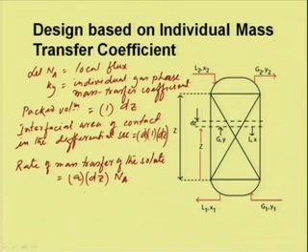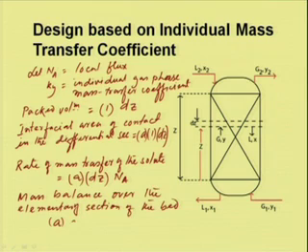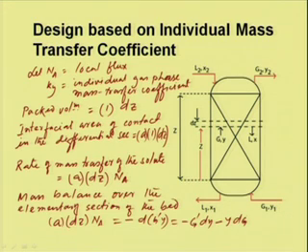Now, if we do the mass balance over the elementary section of the bed, we will get a dz Na should be equal to minus d of G dash y, which is equal to minus G dash dy minus y dG dash.